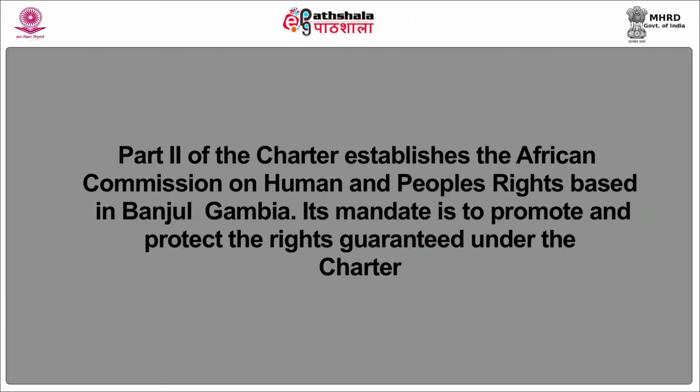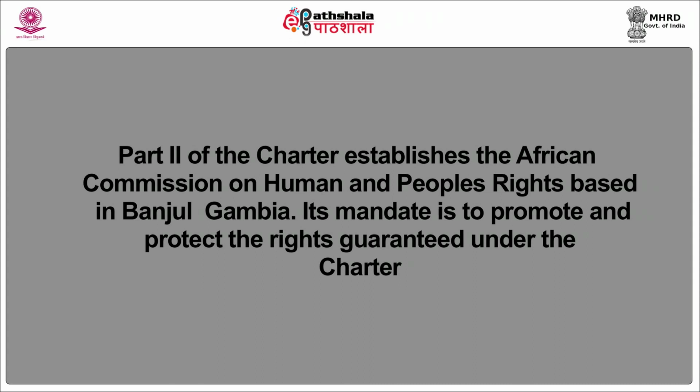Much like the Inter-American system, the African Charter sets forth a dual enforcement structure, including both a commission and court charged with monitoring and enforcing states' human rights obligations. Part 2 of the Charter establishes the African Commission on Human and People's Rights based in Banjul, Gambia.